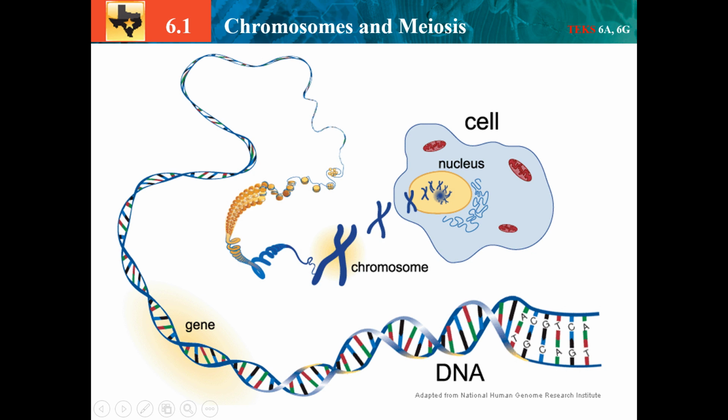And so all the collection of A, C, G, T, all the different nucleotides together, they form almost like a language where they specify the instructions that make a protein. And so you can kind of think of a gene as a recipe in a cookbook, the recipe to make one single protein. And so collectively, the genes make up your DNA, and your DNA is what codes for all the proteins, or all the traits that make you who you are.